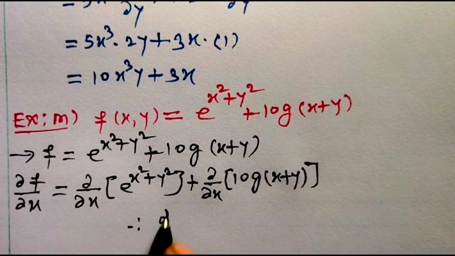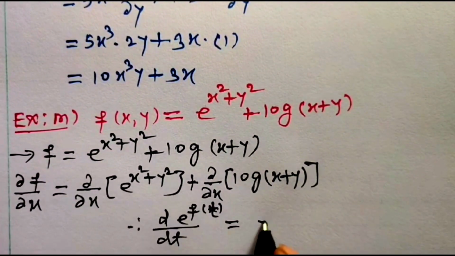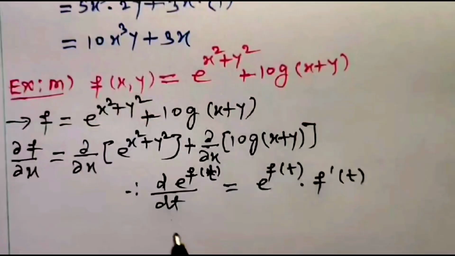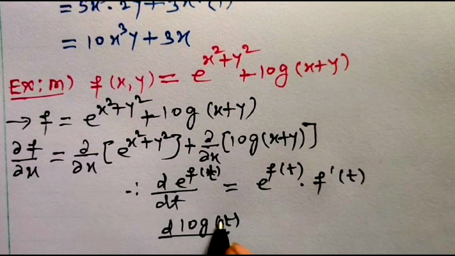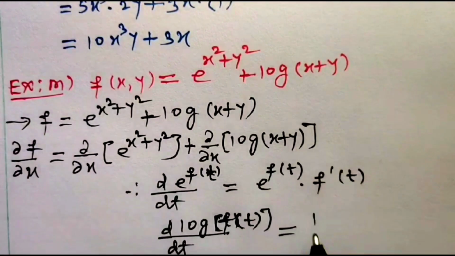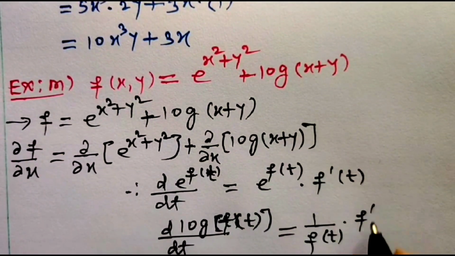Since derivative of e to the power f of t with respect to t is equal to e to the power f of t into f dash t, and derivative of log of f of t with respect to t is equal to 1 upon f of t into derivative of f of t with respect to t, which is f dash t.